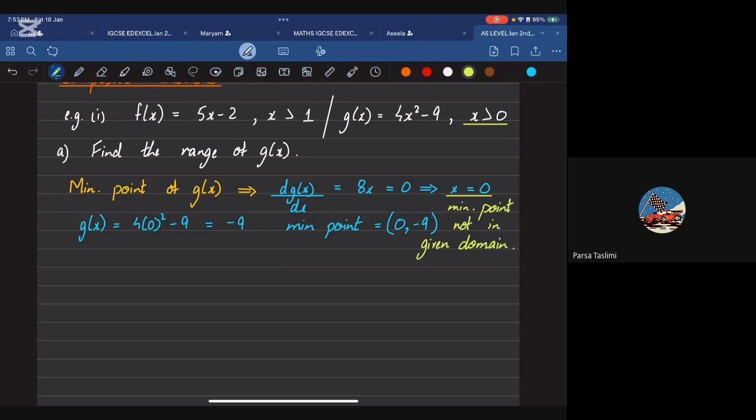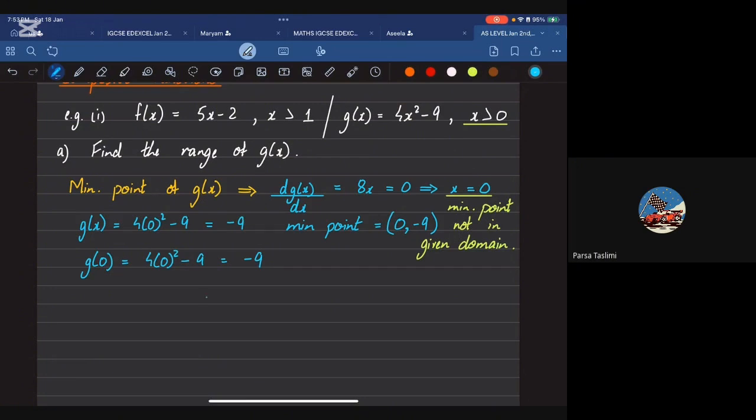So what is the extreme value of your domain into the function? It's going to be g of 0 is equal to 4 times 0 minus 9, which is minus 9. So g of 0 is equal to minus 9.